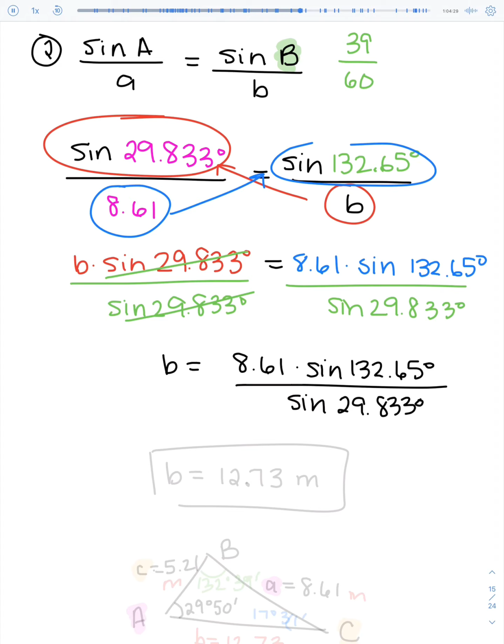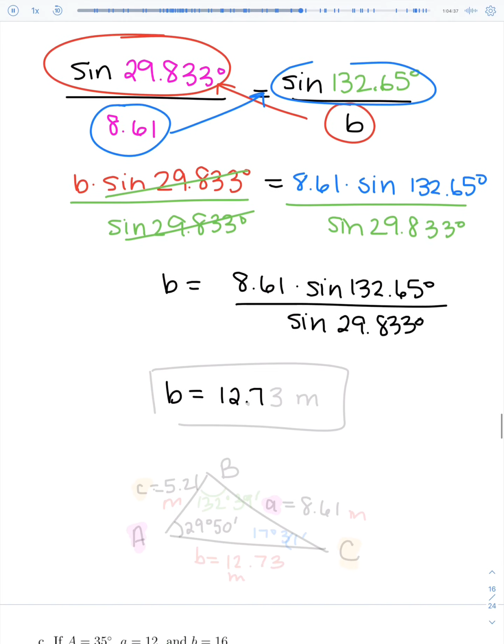And you'd use your calculator, and you would get B equals 12.73. I'm going to round to 2 decimal places because all the other sides in our triangle were rounded to 2 decimal places, and all the other sides in the triangle were written up, if you go back to the original problem, as in meters. So this one will also be in meters.